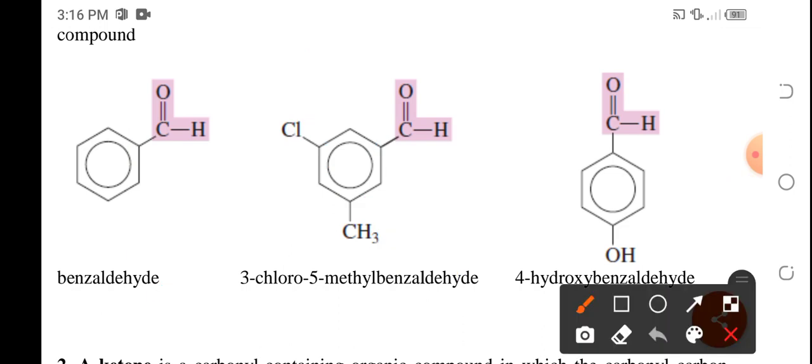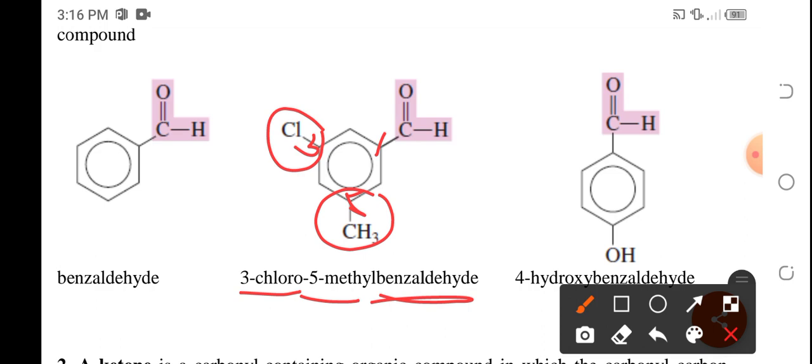This one would be carbon number 3, with reference to the carbonyl carbon as number 1 being attached to number 1 in the benzene ring, and this one is carbon number 5. So the final name of this structure would be 3-chloro-5-methylbenzaldehyde.